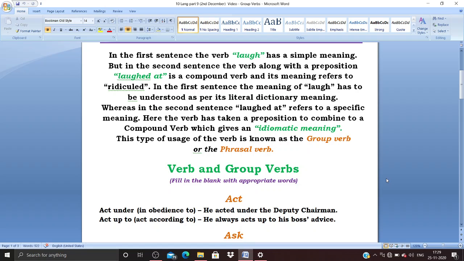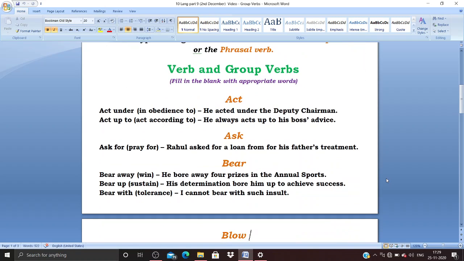So suppose we take the verb act. With the verb we are adding one particular preposition, so verb plus preposition. The verb may be the same, but if you change the preposition, the meaning changes. So this is what exactly you are supposed to go through.